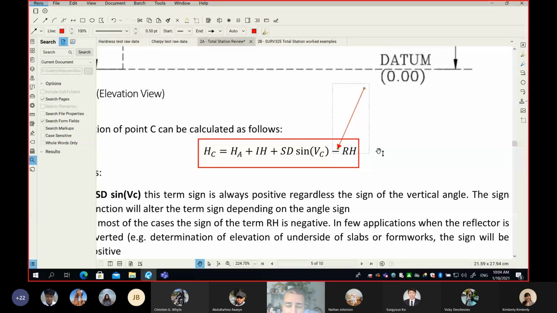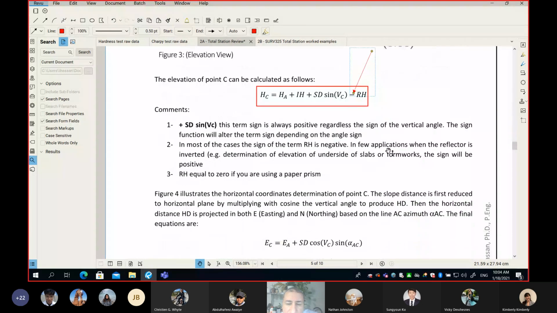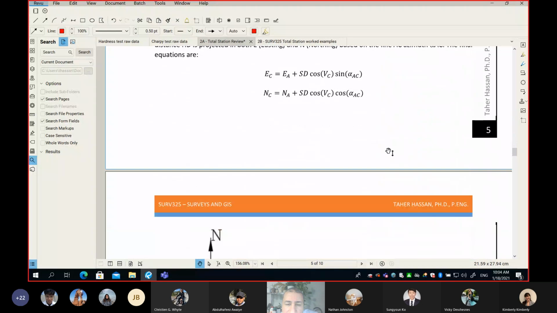In very few cases, for example when finding the elevation of a point on the ceiling or the underside of a slab, you have no option other than putting the rod upside down. In this case, the RH will be added. In the total station, we solve this by simply inputting the RH with a negative value.